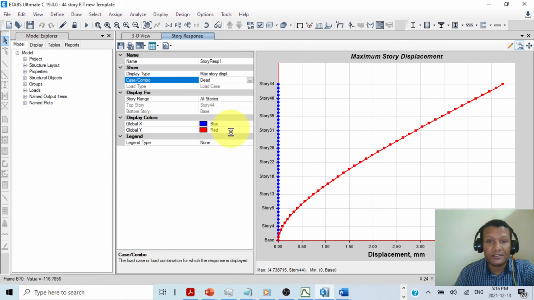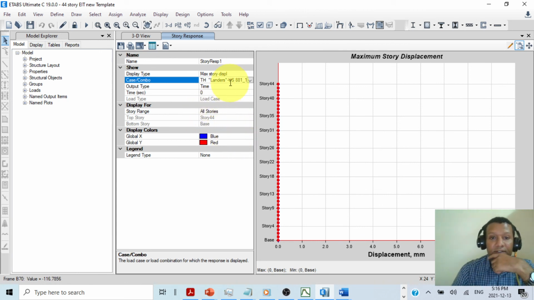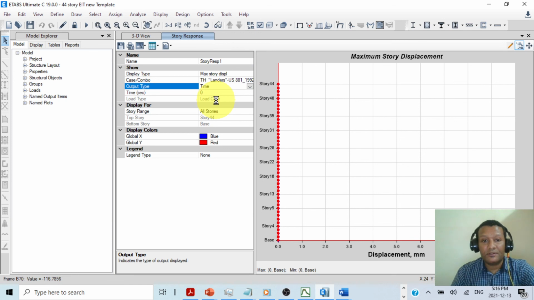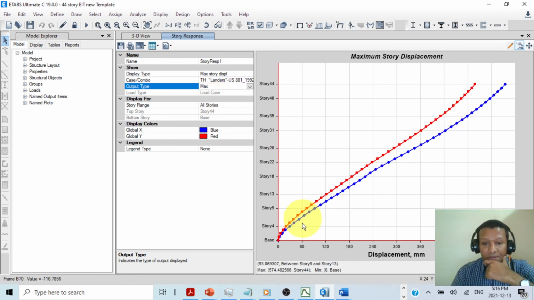For example, the earthquake, and the time, for example maximum or minimum, or a specific time. This is in the x and in the y direction. This is the displacement. You can see 57.4 millimeters, around 57 millimeters, was the story displacement.